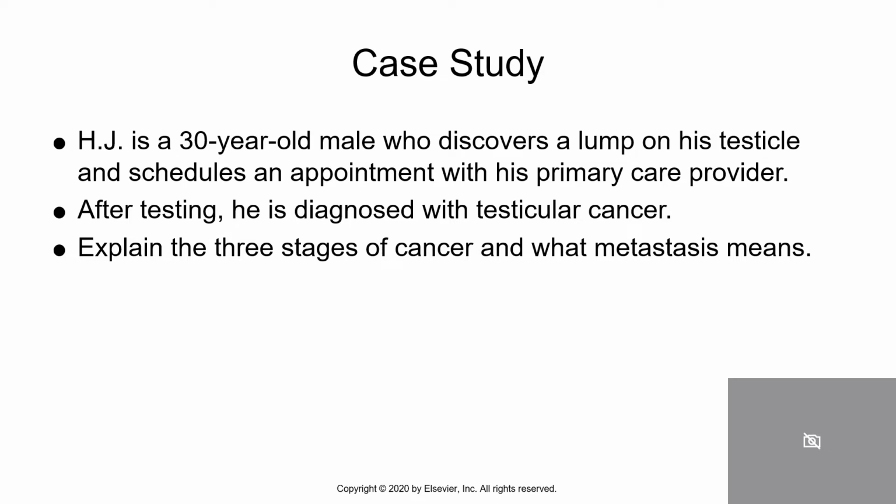And then progression is the increased growth rate of the tumor, the increased invasiveness, or the spread of the cancer, the metastasis. And when we talk about metastasis, remember that's when that cancer has begun to travel to other areas through the lymphatic and or the hematogenous routes, most frequently being the lungs, the bones, the brain, the liver, and the adrenal glands.